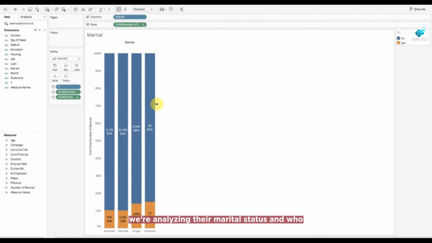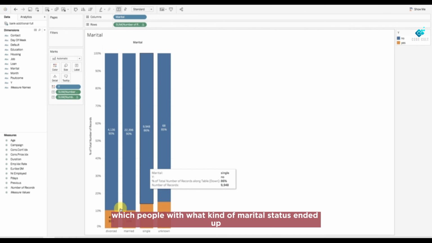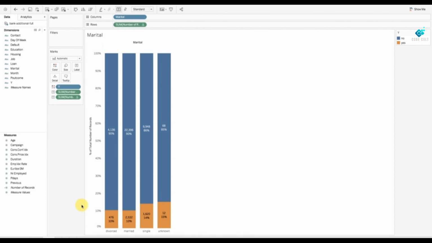We're analyzing the marital status and which people with what kind of marital status ended up having a higher probability of taking up our offer, or a higher percentage of uptake or higher conversion rate for our offer.